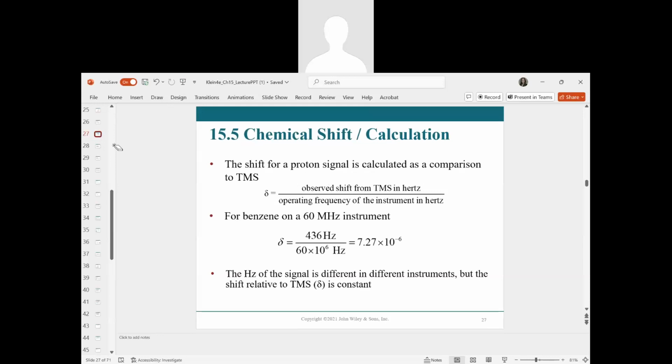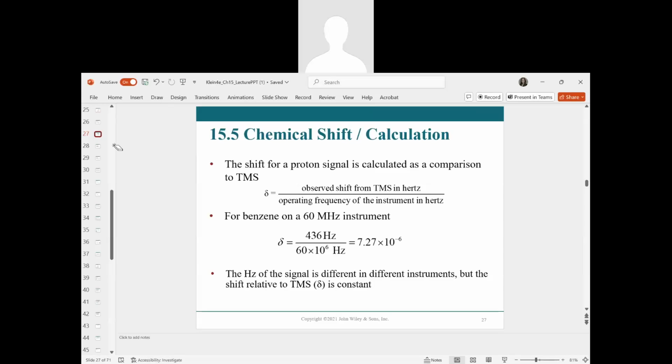So we actually would say that our shift for that proton within benzene, as observed previously on the 300 megahertz instrument, would produce that same signal, even if it was taken using a less powerful instrument, the 60 megahertz. We notice that the ratio of the signal to the frequency of the instrument is still the same.